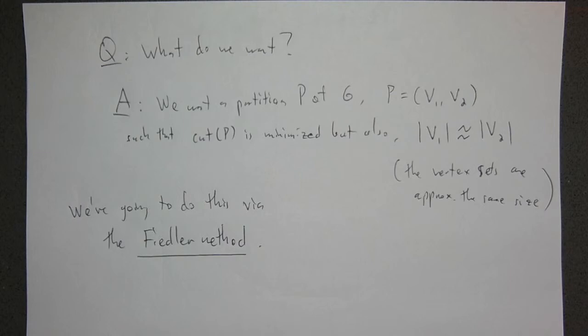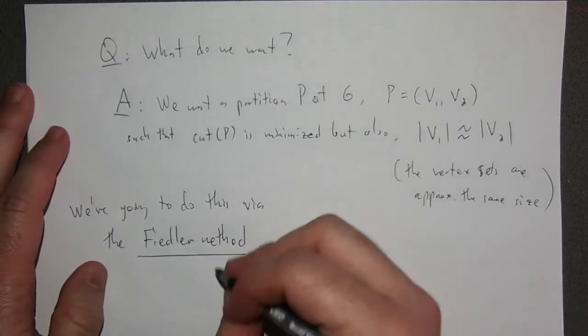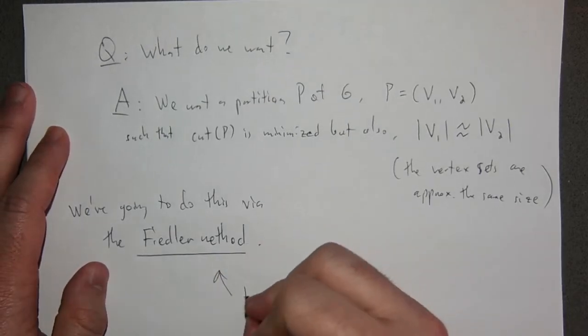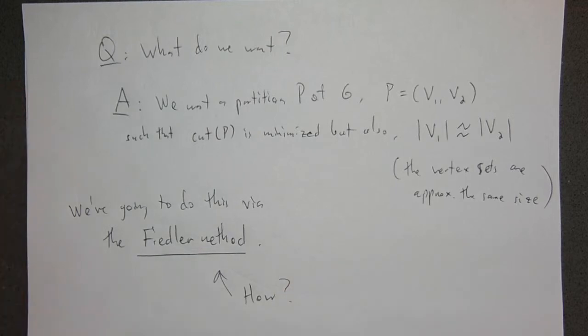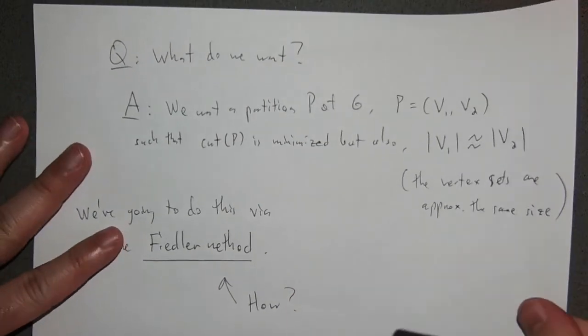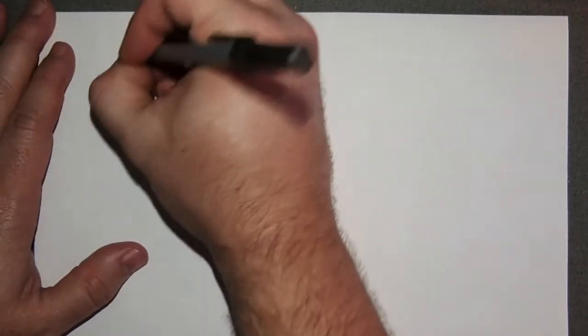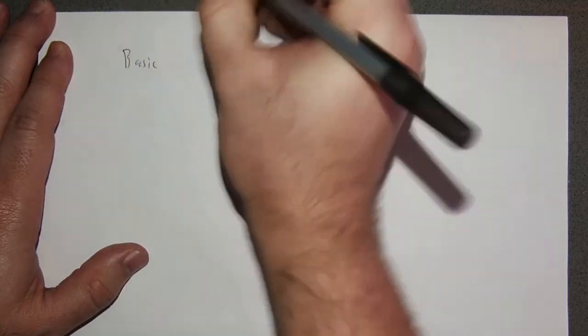I'm going to skip all the theoretical stuff, and you can read that if you're interested in it. Okay, so the question is, how or what is the Fiedler method? The answer to that is coming up. So this is the basic Fiedler method.